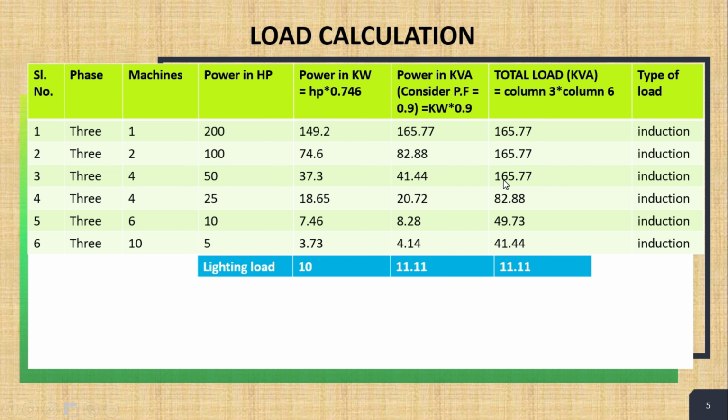To obtain the load in kVA, let us consider the power factor as 0.9. Divide the kW by the power factor, then you will get the load in kVA.